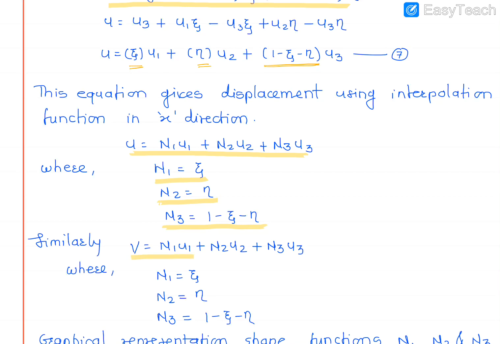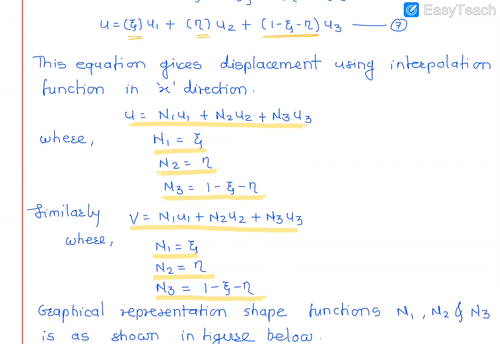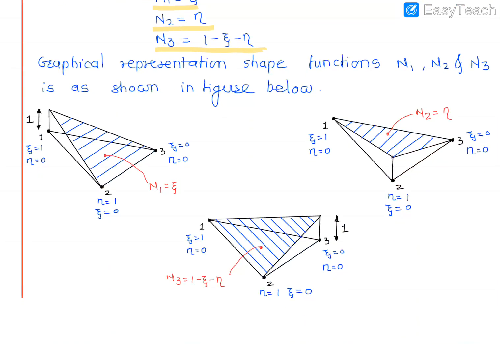Similarly, we can obtain the displacement variation in the y direction with the interpolation function, and we will have N1 as zeta, N2 as neta, and N3 as 1 minus zeta minus neta. These are nothing but the shape functions in natural coordinate system. It can be represented with the help of a figure also. So this is the way we can represent the shape functions N1, N2 and N3.